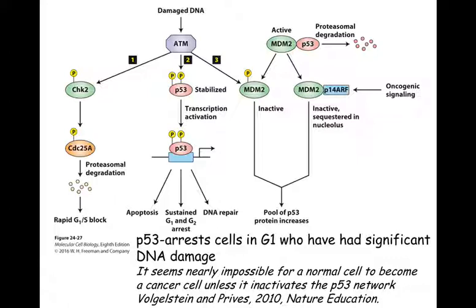Okay, so normally what happens is P53 is made and then degraded, made and then degraded. So P53 concentrations are typically low in a normal wild type cell. Degraded by ubiquitin, ubiquitin tagging.